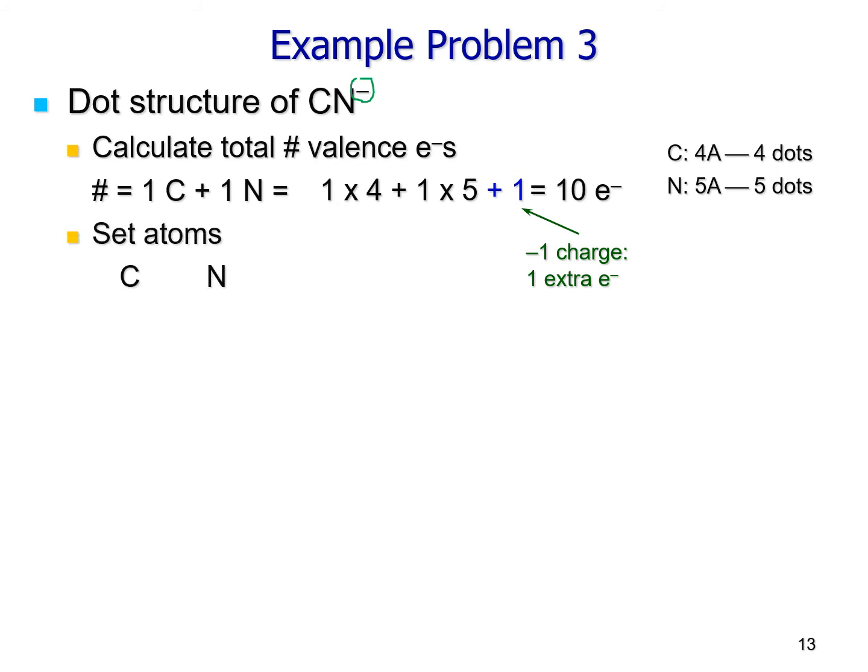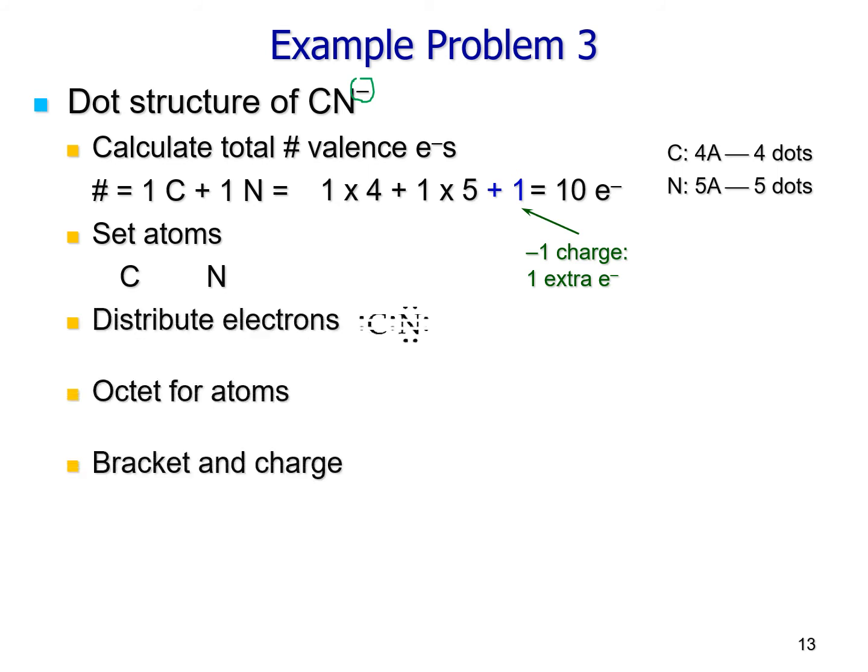As we set up atoms, just like CO, we put carbon in the front, nitrogen second, because nitrogen is on the right, more electronegative than carbon. As we distribute the electrons, we get a single bond between carbon and nitrogen, and 6 more electrons on nitrogen to make a nitrogen octet. That leaves only 2 electrons going to the carbon.